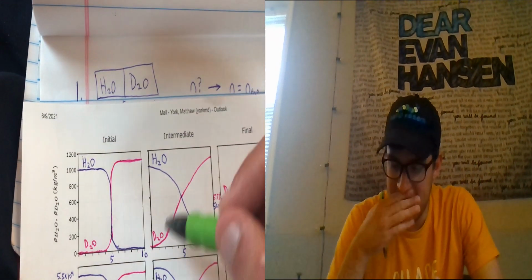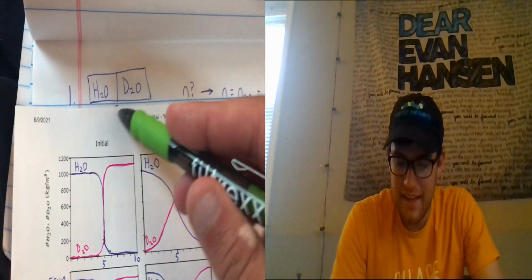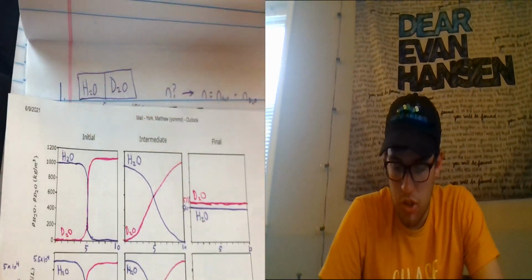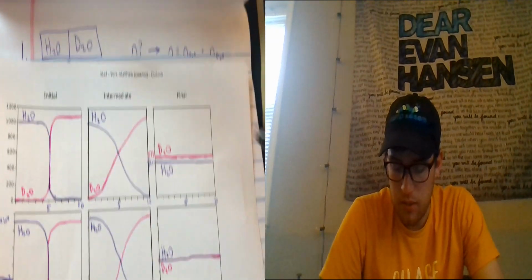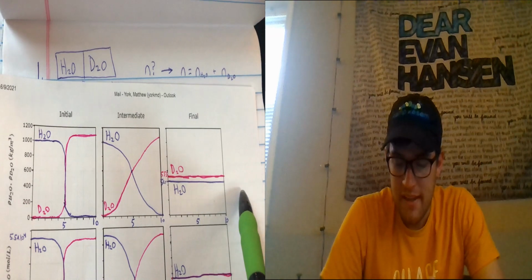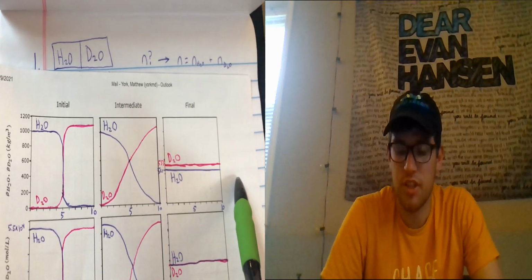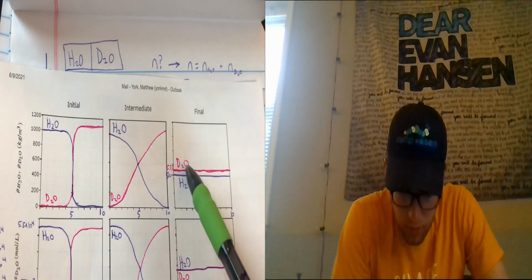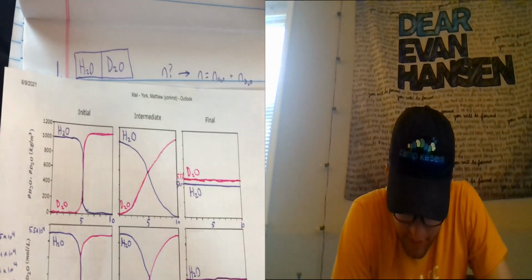And then at the end, when this whole thing has diffused, we're going to have just a constant mass concentration of saturated water and of water, and saturated water is going to have a higher mass concentration due to it having a higher density.